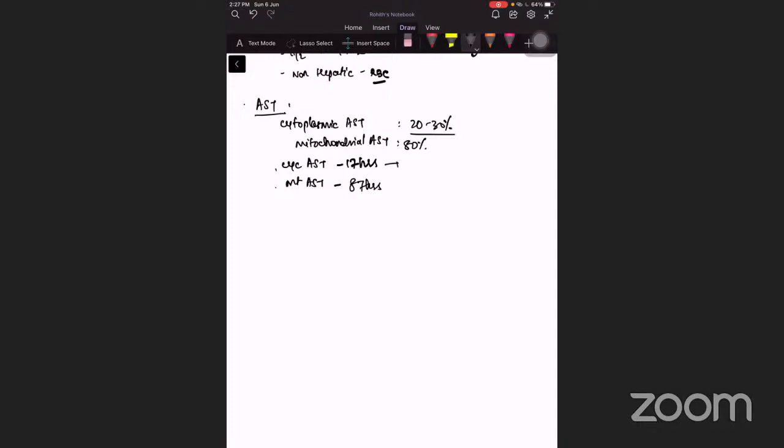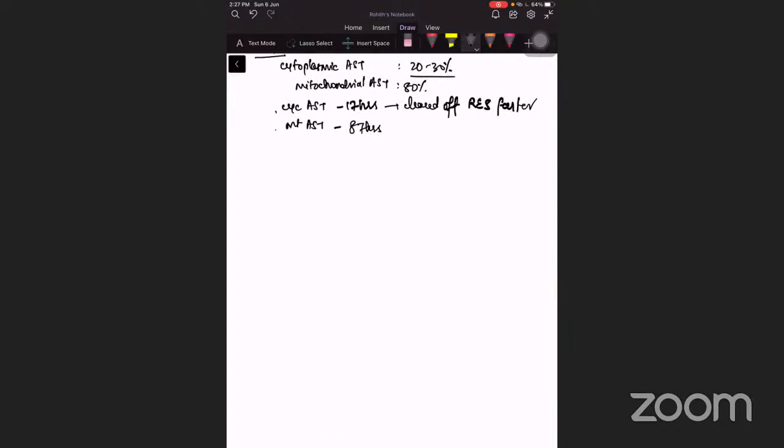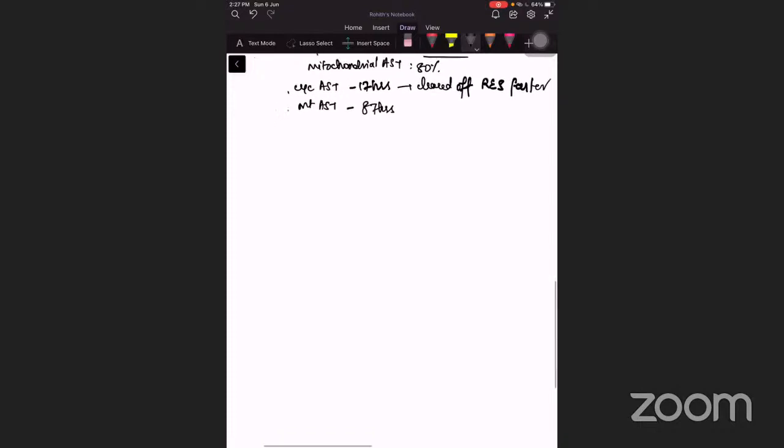This gets cleared off faster, cleared off by the reticuloendothelial system faster compared to the ALT. So how is it going to help me make decisions whenever I have elevation in the AST levels? We'll see the pattern.